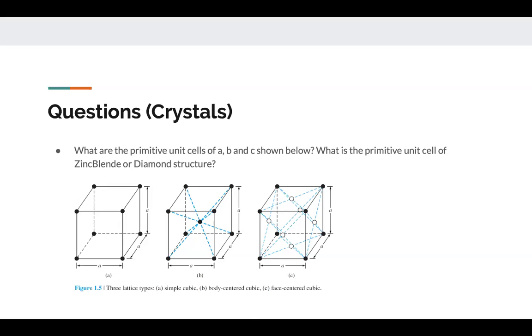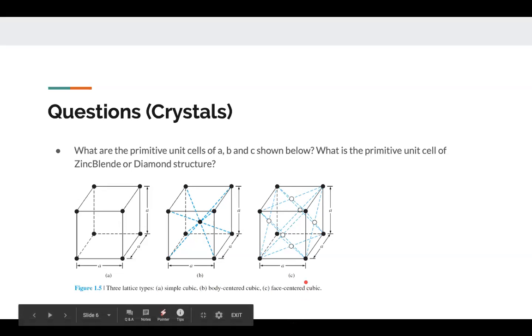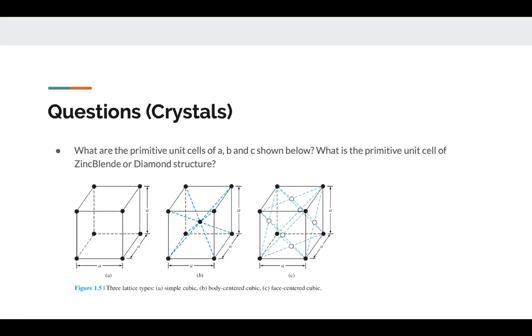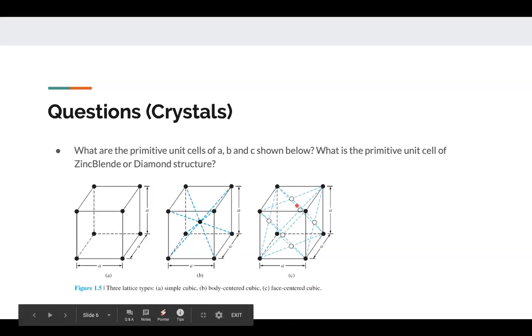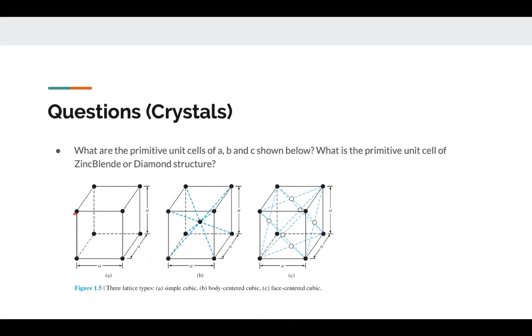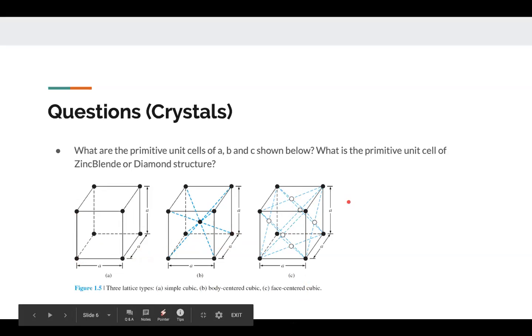And then for C, you do something kind of similar. So right here, that can correspond to here, and then you can place another square here.